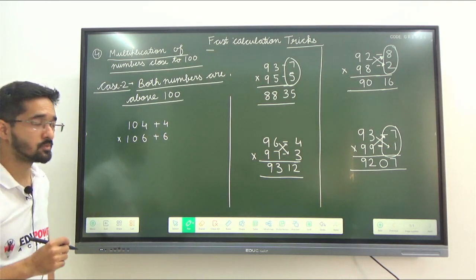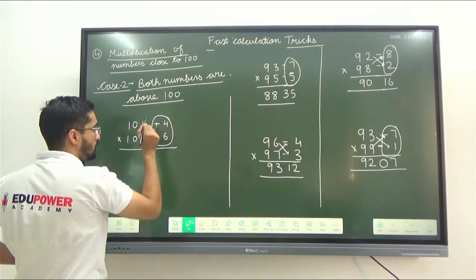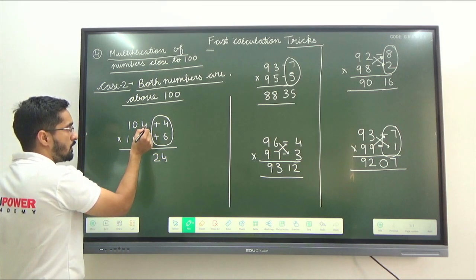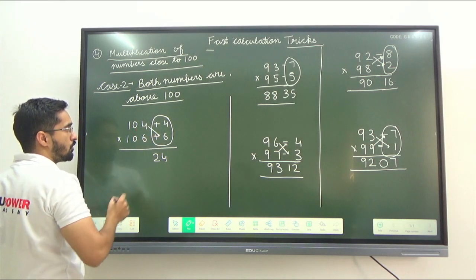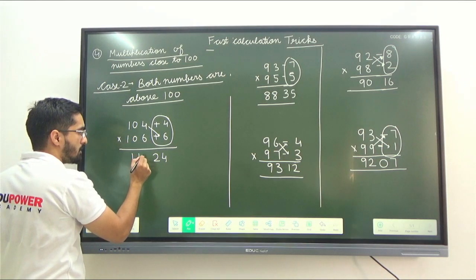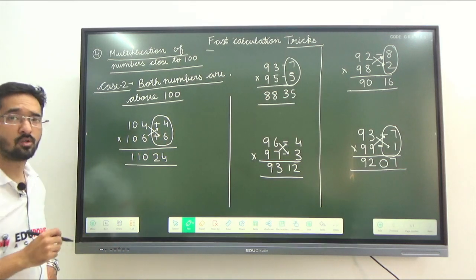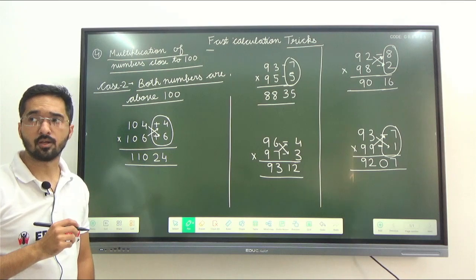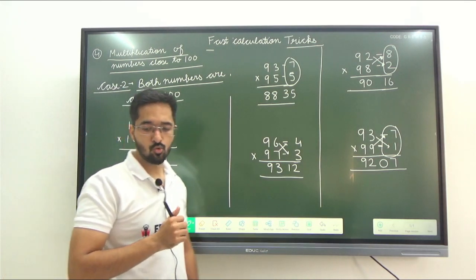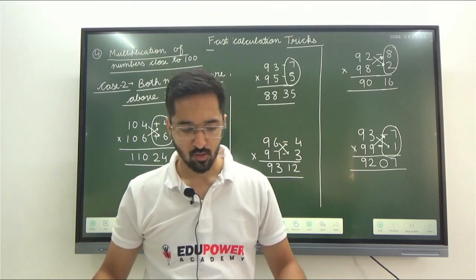What is the product? 6 into 4 is 24, and 104 plus 6 is 110, or 106 plus 4 is 110. So the answer here comes out to be 11024.